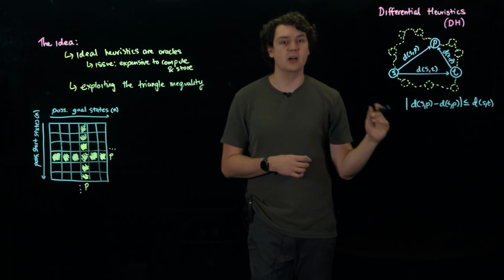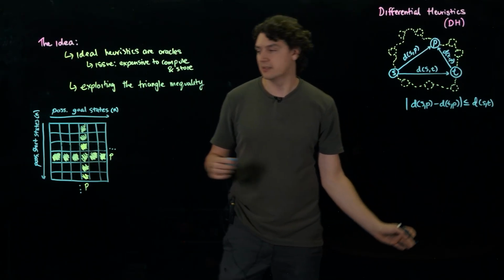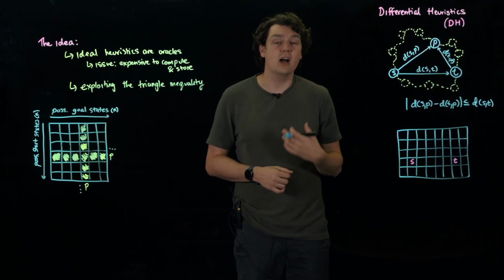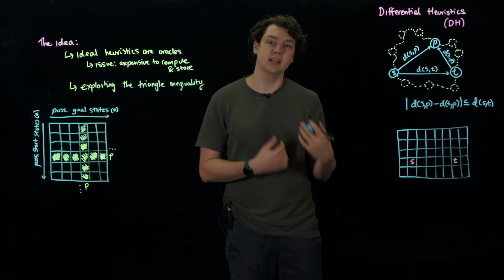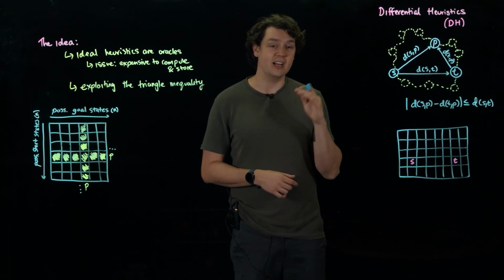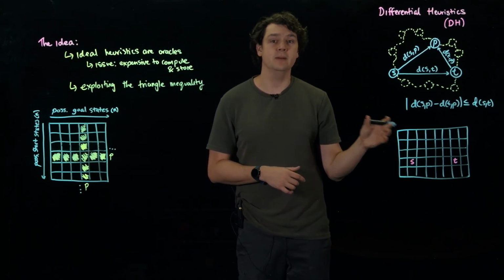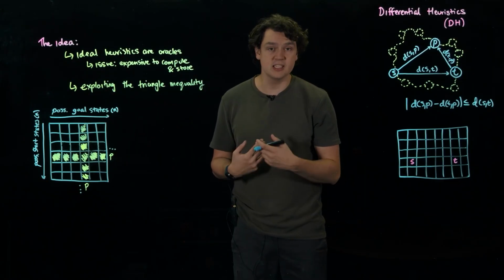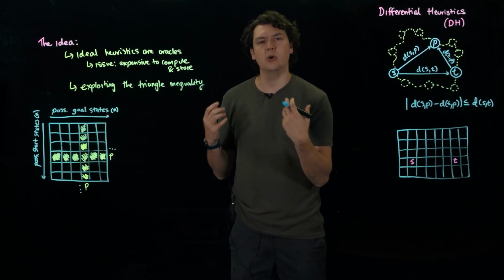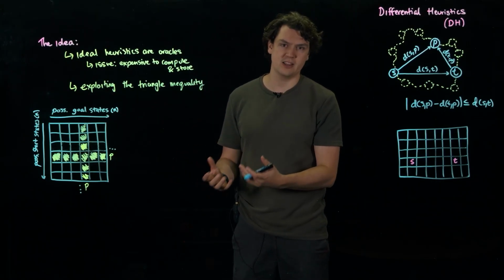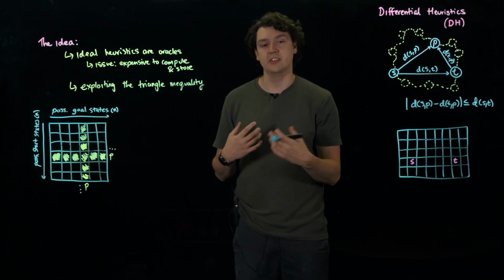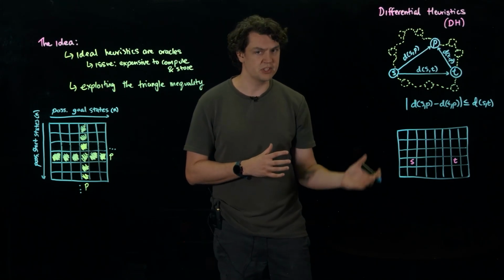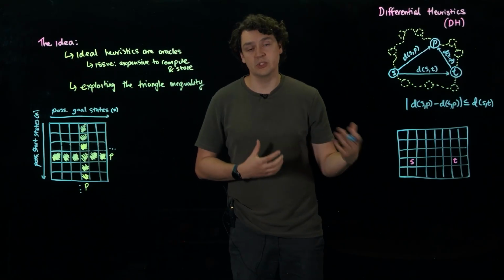So let's then talk about why this is actually powerful. Let's hone in on why differential heuristics are so useful. This is also a property that exists in CPDs, but in CPDs we're really doing all of the work. We're storing the first moves in this database, so it removes the need for online search in the first place.